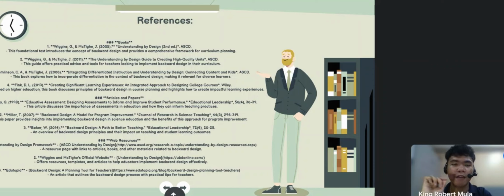It ensures that every part of the lesson is designed with the final outcome in mind, leading to deeper learning and more meaningful assessment. So teachers, I encourage you to apply this in your own classroom. Start small: try planning a single unit using backward design, and see how it changes your approach.